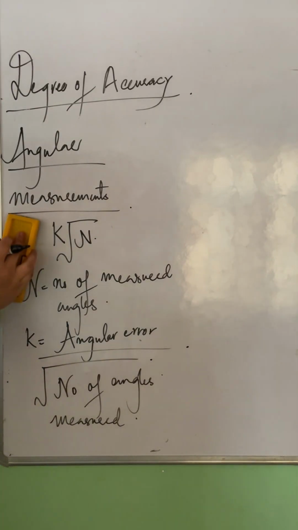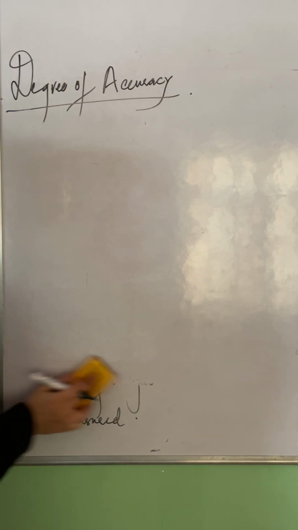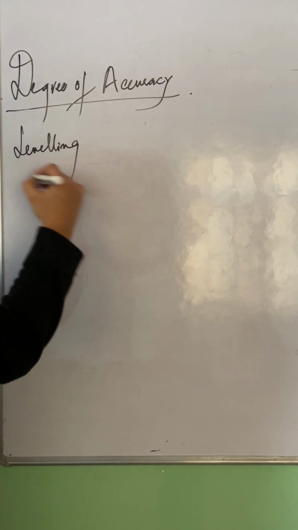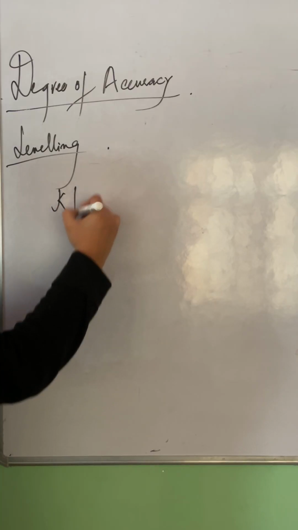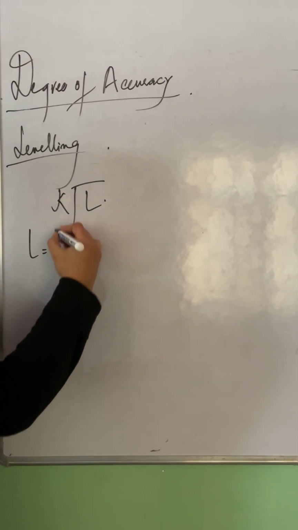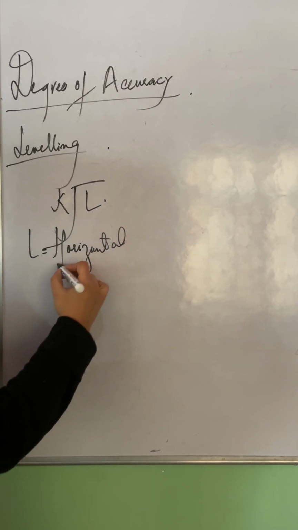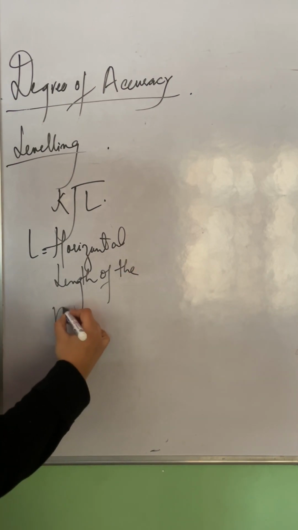Let's study leveling. For leveling, the degree of accuracy is usually expressed as K under root of L, where L is the horizontal length of the route.